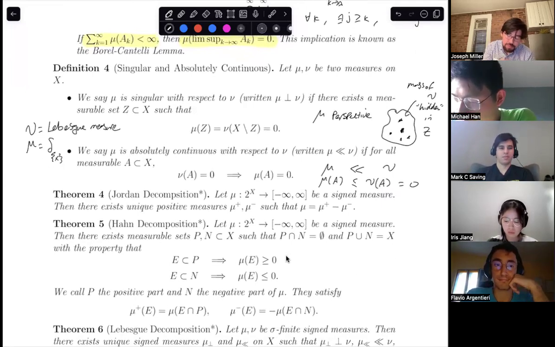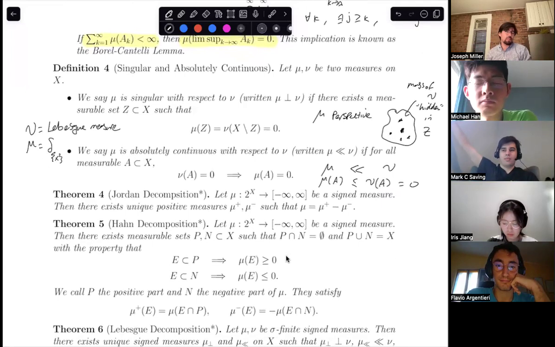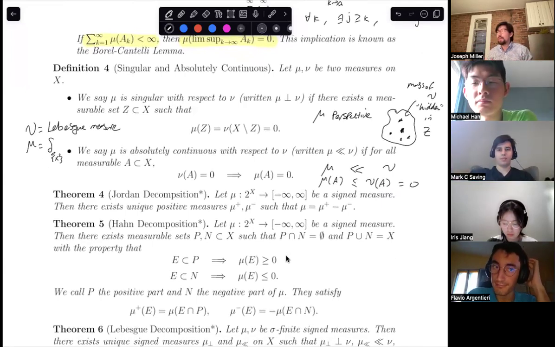If I let mu equal what they call a Dirac at the point X, what this means is you give me any measurable set, and I just check, is X in that set? And I assign 1 to it if it is, and 0 if it's not.